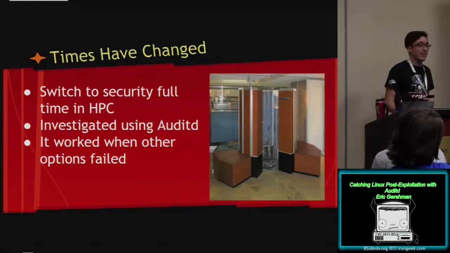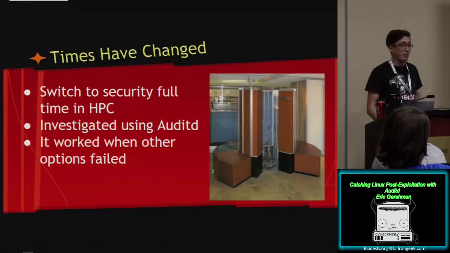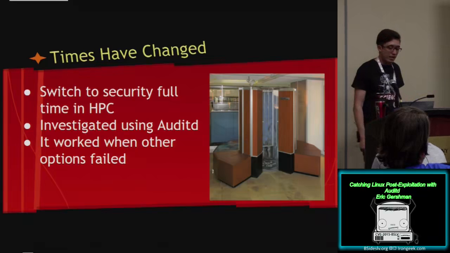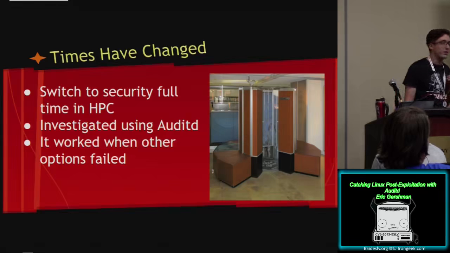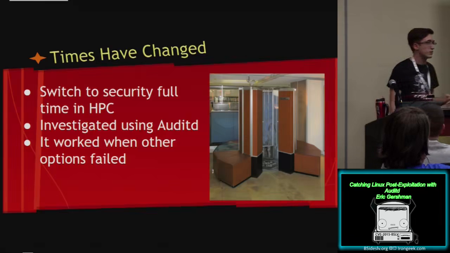Another option would have been to actually patch SSH so that it logged the behavior we were looking for. And this had a number of pitfalls, including lowering the security and impacting the uptime of the system. In the end, by logging network syscalls using Auditd, we were able to collect the evidence we needed without degrading performance or the security of the system.